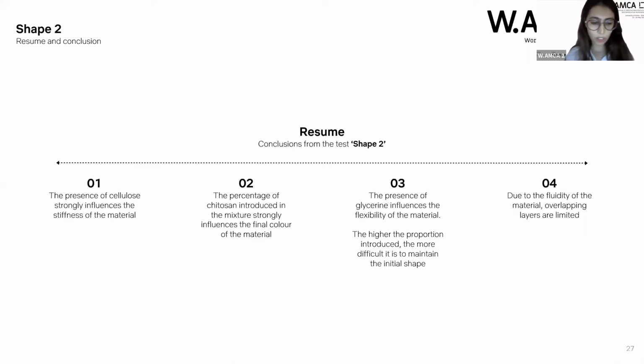The percentage of chitosan introduced in the mixture influences the final color of the object, and the hardness. The presence of glycerin influences the flexibility of the material. And although improved, the fluidity of the material is still high, so I need to decrease it a little bit more to print with many more layers.